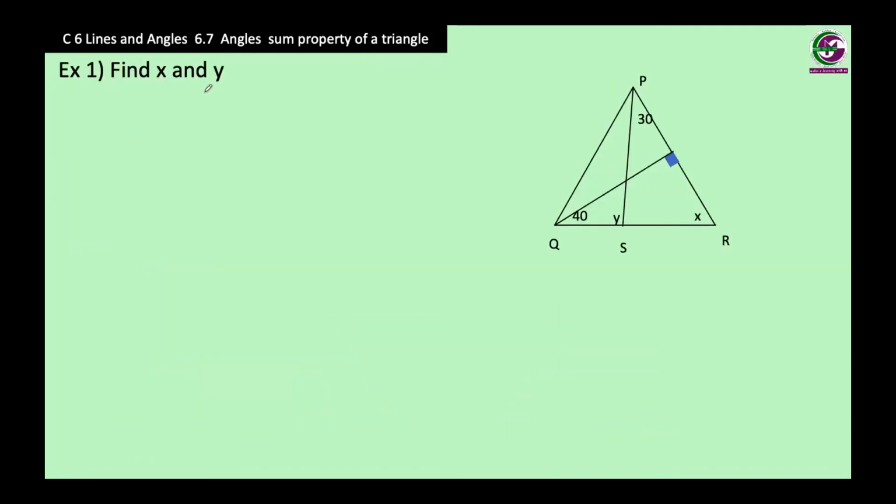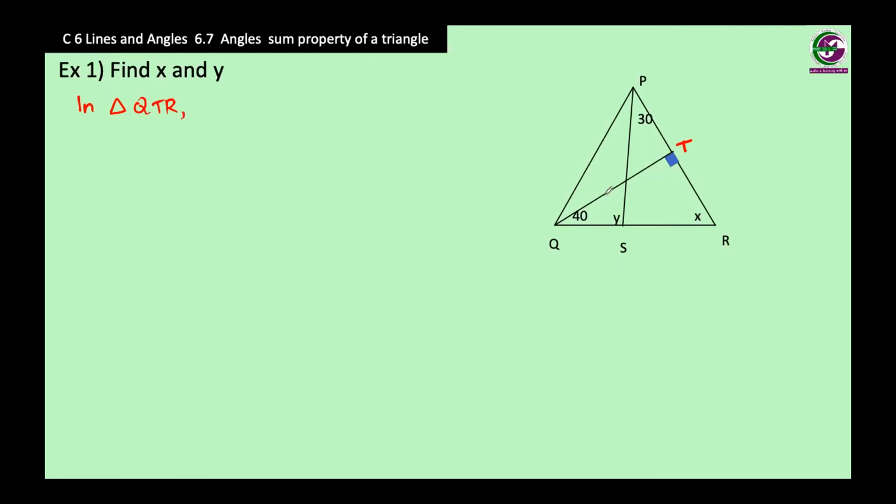Now let us move on to a new example. Here we are given the triangle PQR. Angle SPR is 30 degrees and angle TQR is 40 degrees. We have to find out what X and Y are. For that, first let us consider the triangle QTR. In triangle QTR, we can see that 40 degrees and 90 degrees are given and X is missing.